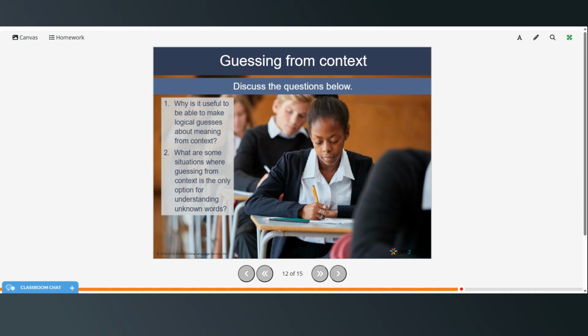However, just skipping over it, just ignoring it, may cause you to be confused about what's being said in the text later on. Some situations where guessing is the only option, possibly in an exam situation where you don't have access to a dictionary, you can't ask someone else, and so you just have to make your best guess.